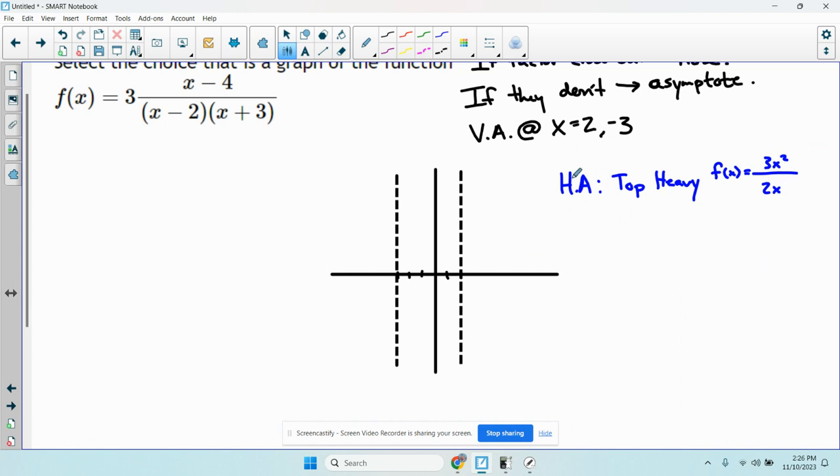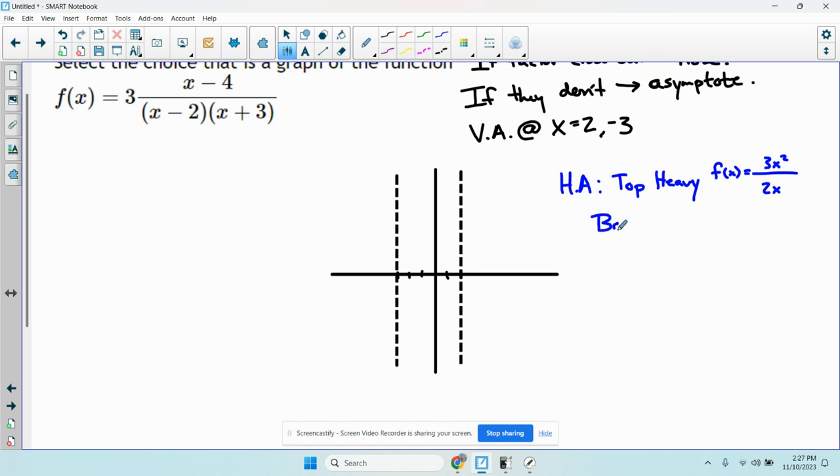There's no horizontal asymptote in this case. You can say there's a slant asymptote. When you take 161, you'll talk about slant asymptotes. But generally speaking, as we move to the left or to the right, we're approaching infinity. So for this class, we don't worry about that. There's no quote unquote horizontal asymptote.